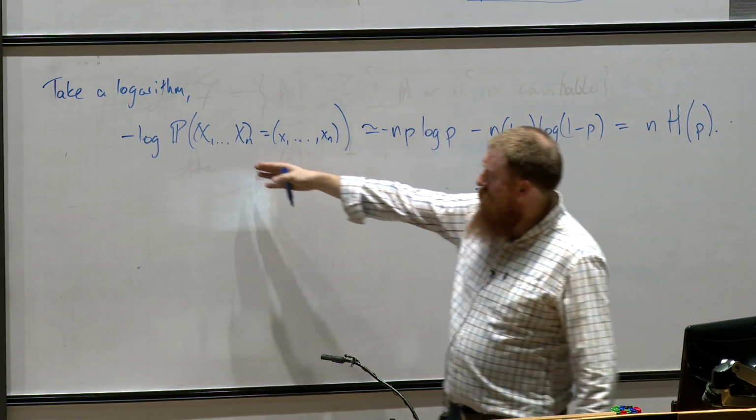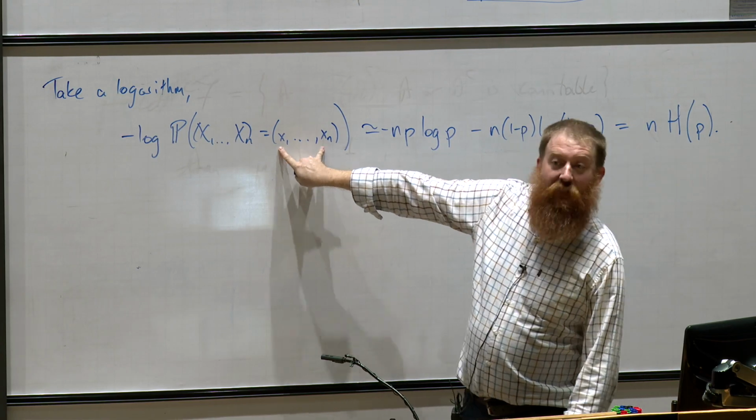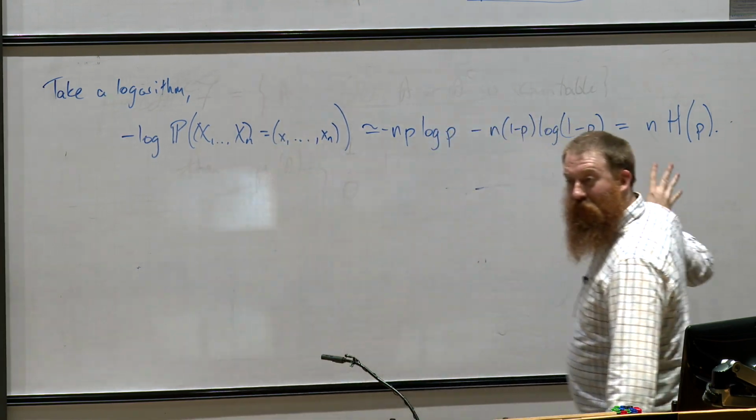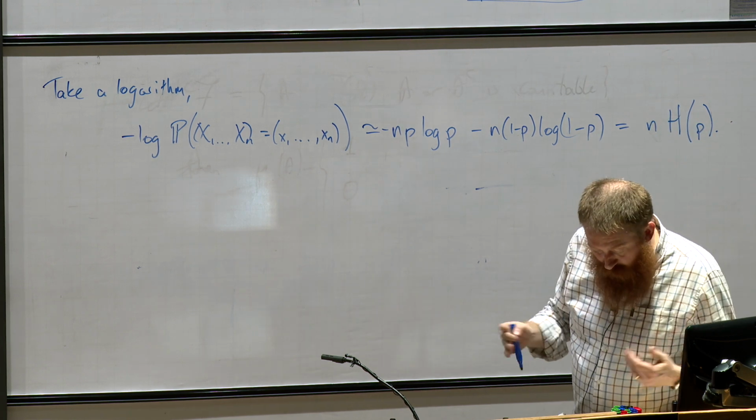So if I divide everything through by n, for most interesting sequences, provided n is big, this will be close to the entropy. Okay, and that's just the law of large numbers.